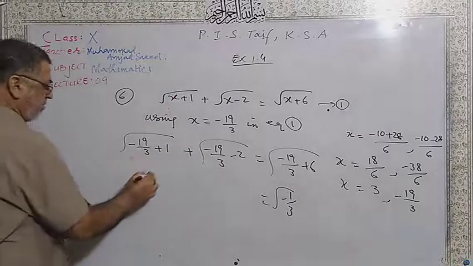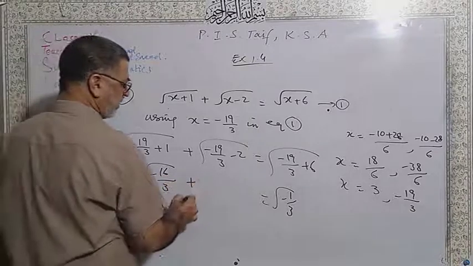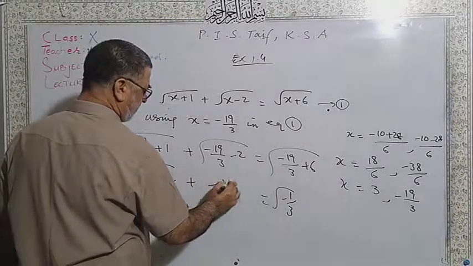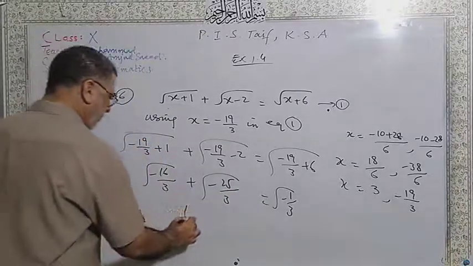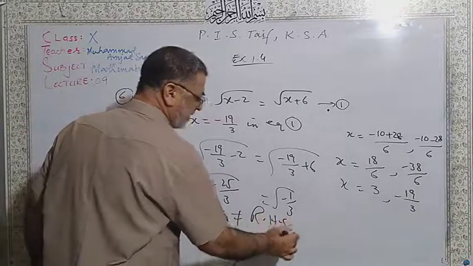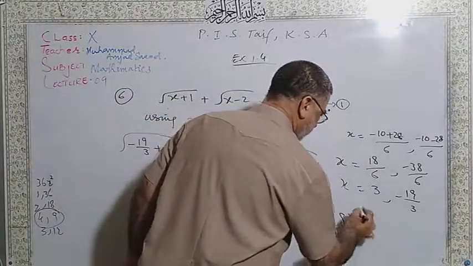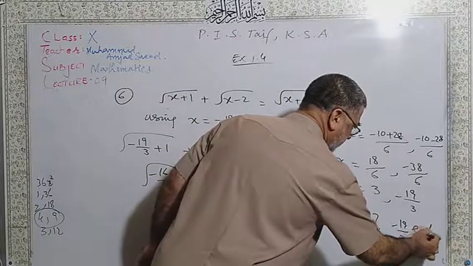Here is minus 16 over 3 under root. This will be minus 25 over 3 under root. Clearly, if you solve, left hand side is not equal to right hand side. Hence, the solution set is 3, and minus 19 over 3 is extraneous.